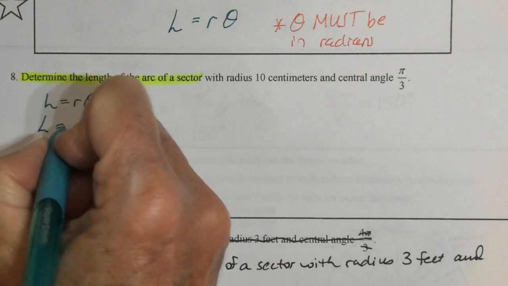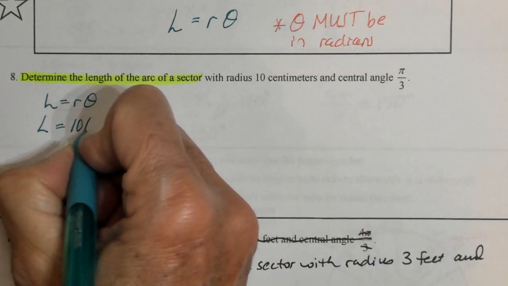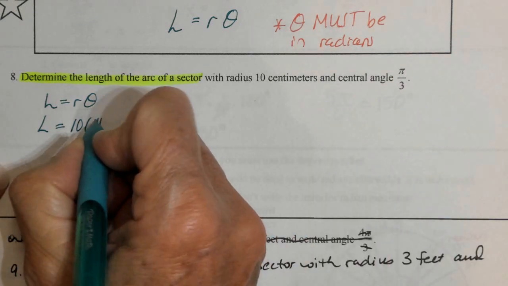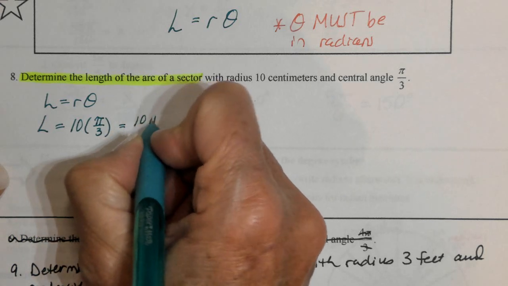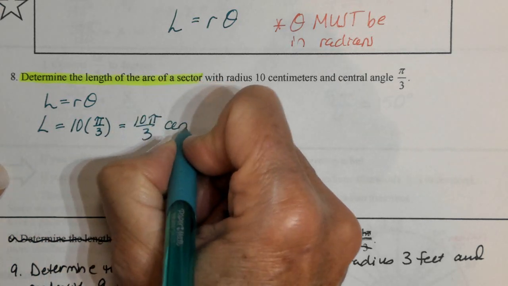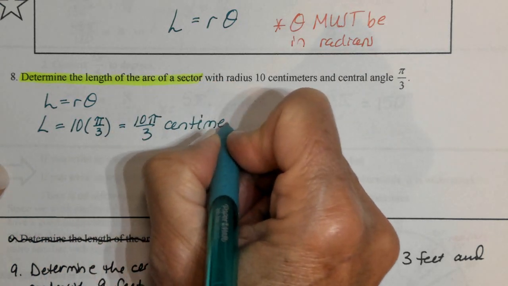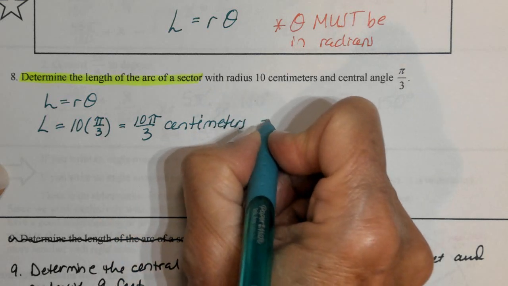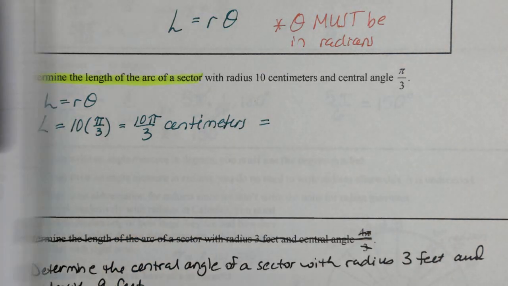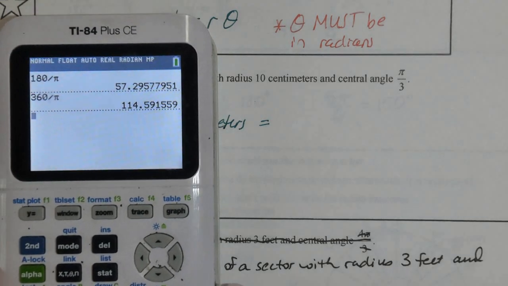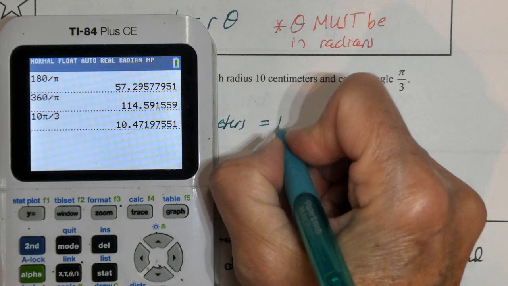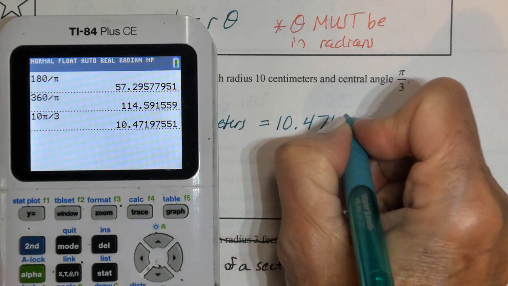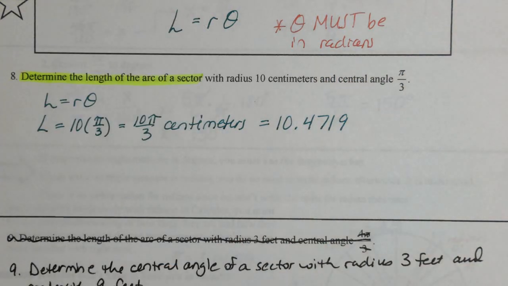The radius is 10, the central angle is pi over 3, so that would be 10 pi over 3 centimeters. If they wanted a decimal approximation, I would easily give it to them. 10 pi over 3 is 10.4719.